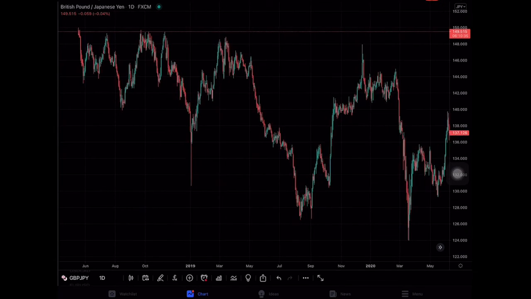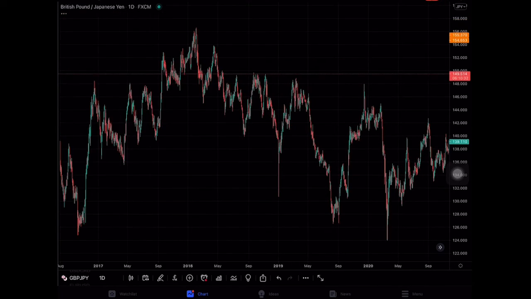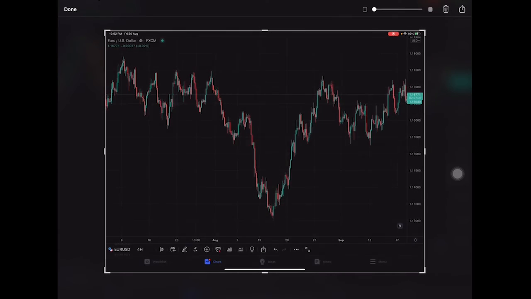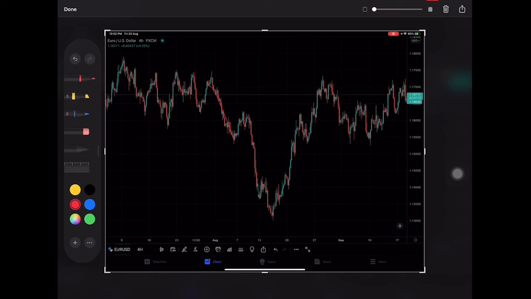Now we try to find a reversal inverse head and shoulder. Okay guys, there's an inverted HNS here, as you guys can see. It moves here, and then it makes a shoulder, and it goes down, and then it makes another shoulder, and it goes down. At this price, it looks like HNS, but the form of the HNS is not really good because the price goes here first. So it does not reject the support, but the price goes back up, and then it goes to this level.